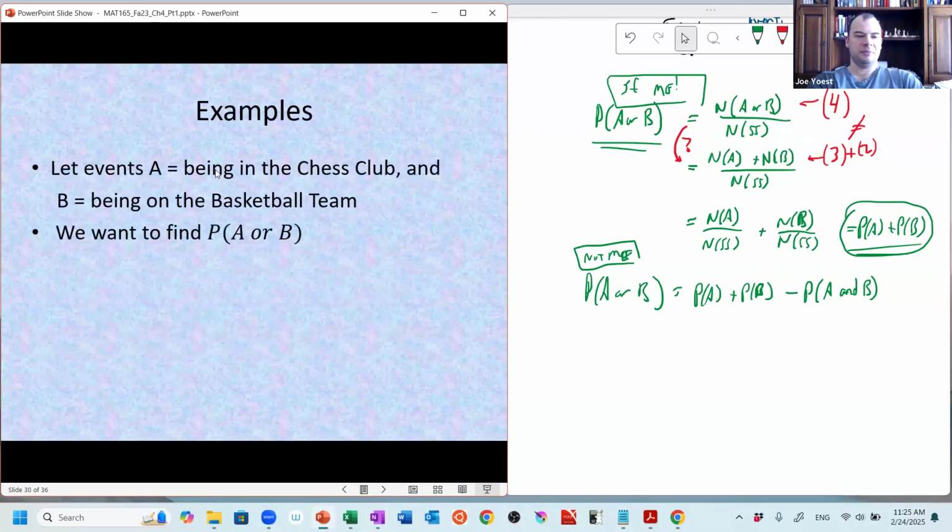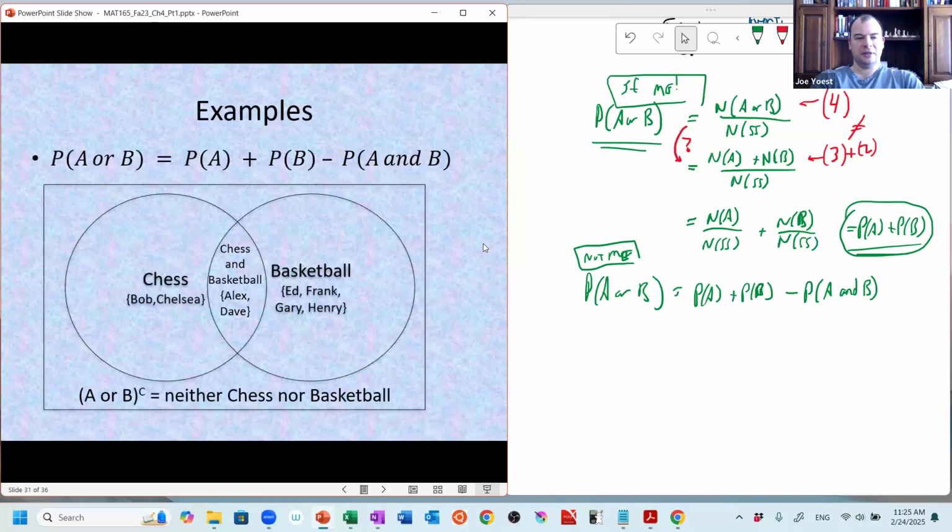So let's let event A be being in the chess club and event B being on the basketball team. We want to find probability of A or B. It's important to note that these are not mutually exclusive events. In fact, Alex and Dave are on both the basketball team and in the chess club.